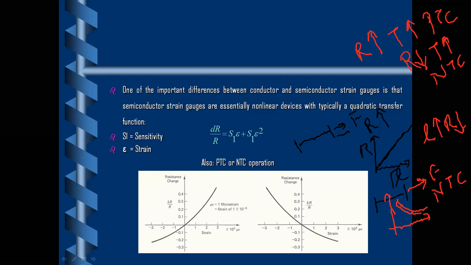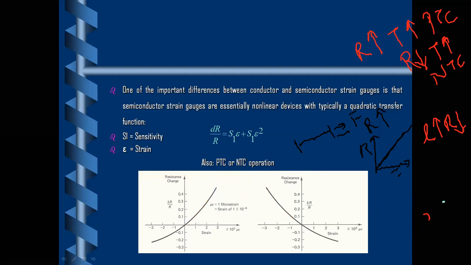So NTC is negative temperature coefficient, PTC is positive temperature coefficient. This is the graph of positive temperature coefficient, and this is the graph of negative temperature coefficient. This is associated with variation in the temperature.